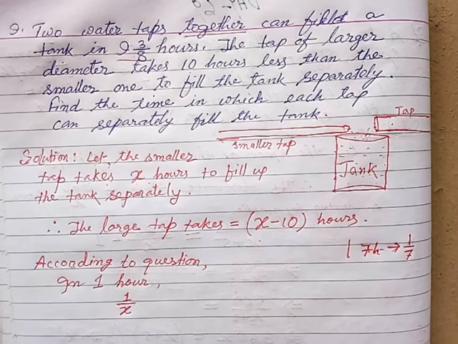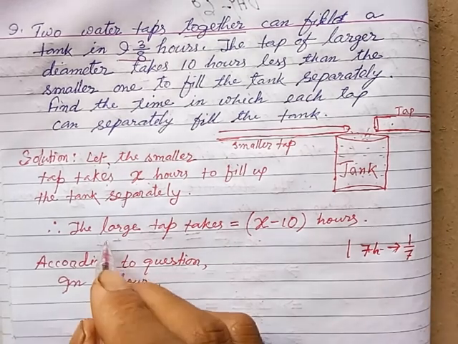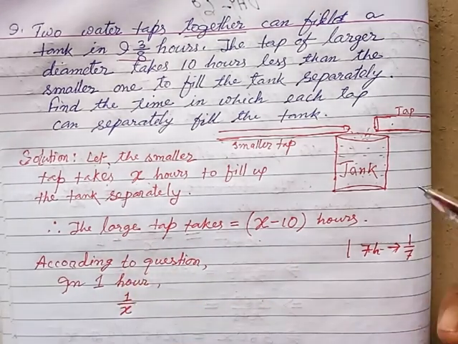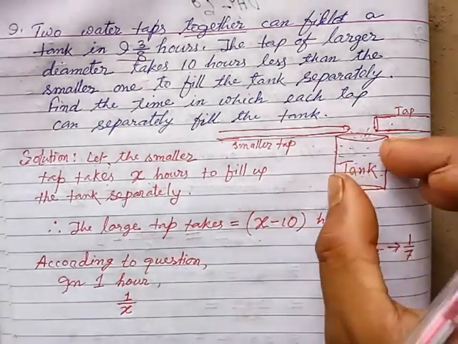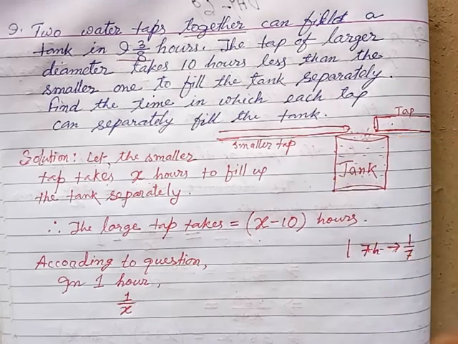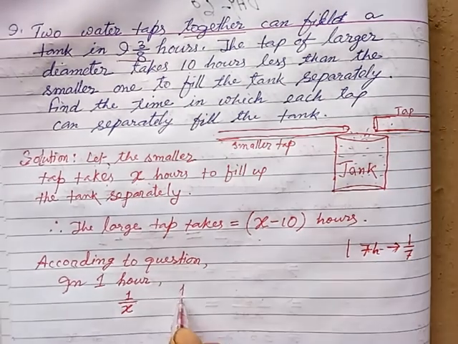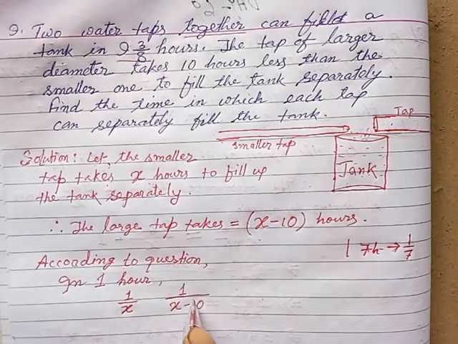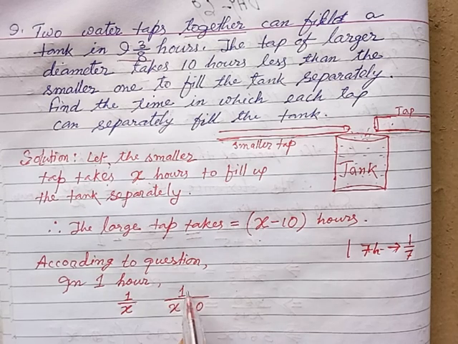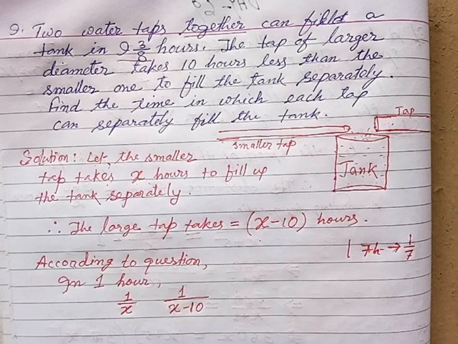And similarly, the larger tap can fill the tank in x minus 10 hours. Now the question is, in 1 hour how much part can the larger tap fill? 1 out of x minus 10, so 1/(x minus 10) part in 1 hour. The smaller tap fills 1/x part in 1 hour.